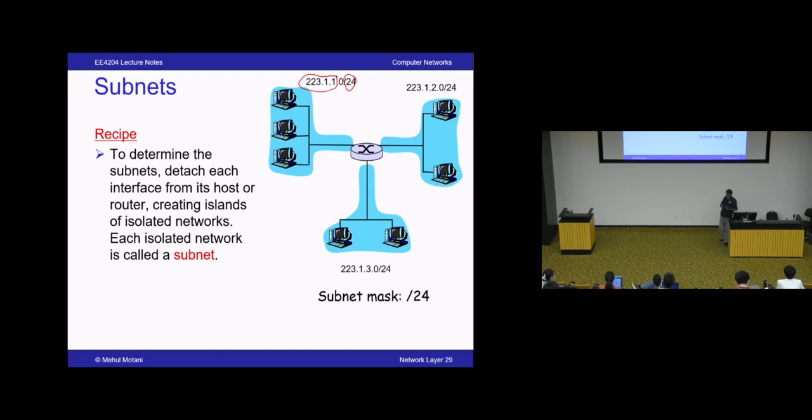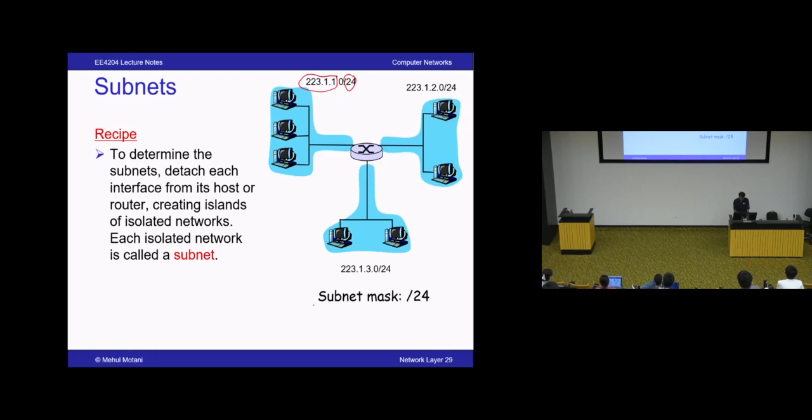Because now, if you could only make subnets on byte boundaries, then you wouldn't need that. Saying 223.1.1 is enough. But your subnet part can be any number of bits. It doesn't have to be a multiple of 8. Okay? So this is why you need to specify this 24 here.